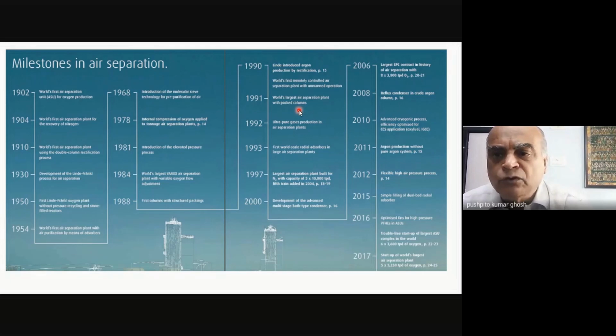Some of the milestones are related to scale, that they have been able to put up plants with a gigantic scale. But some of these other ones are related to efficiency, selectivity of separation, etc. And you may want to have a look at it. But this is what research and development is all about: that continuously you see how to improve something.